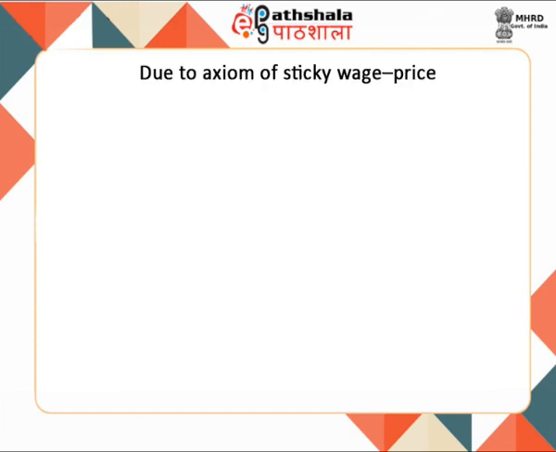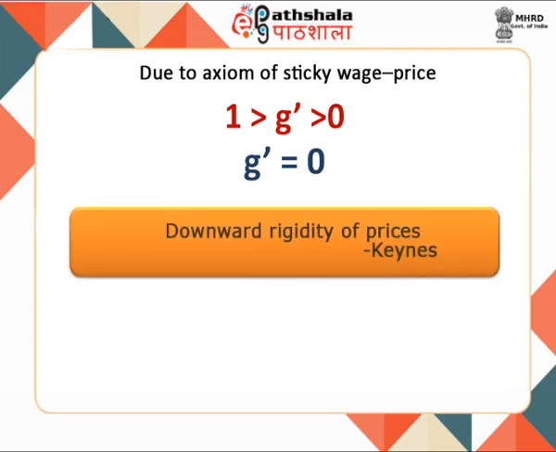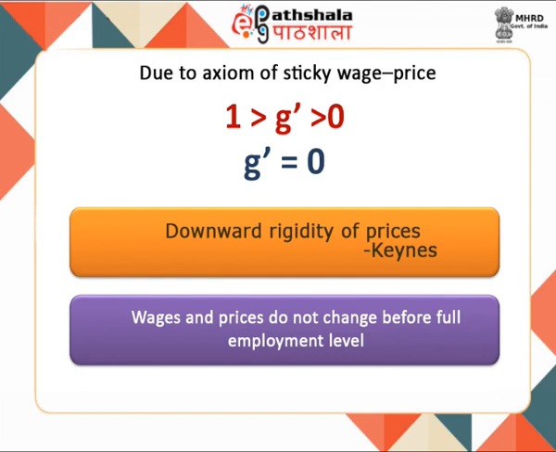Due to the axiom of sticky wages, delta I cap upon delta I, or G dash, is greater than 0 but less than 1. If G dash is equal to 0, then it implies downward rigidity of prices as propounded by Keynes. Downward rigidity of price implies that wages and prices do not change before full employment level.